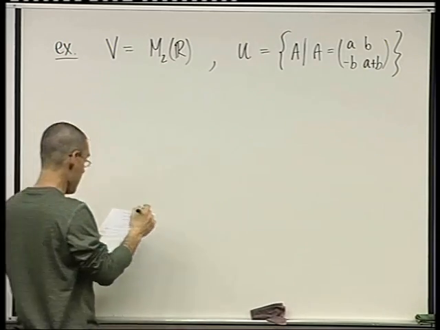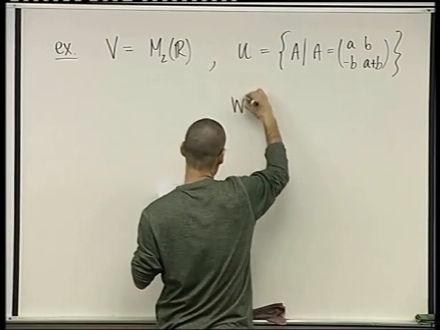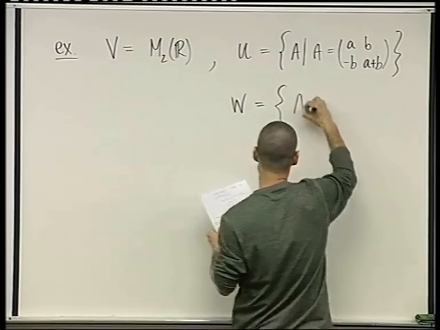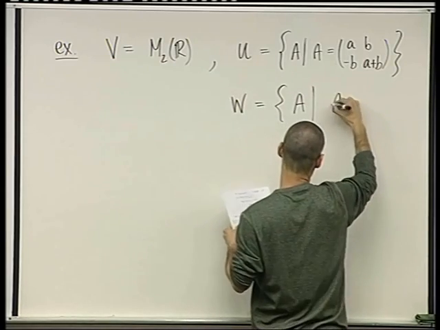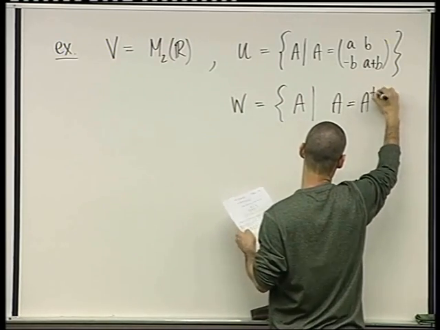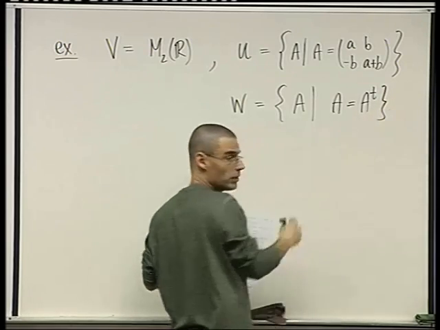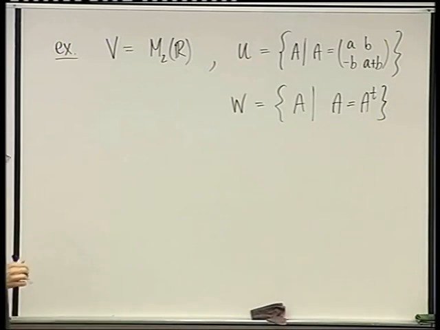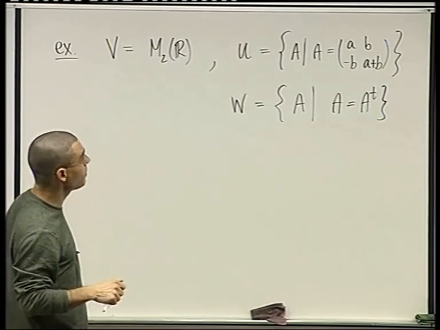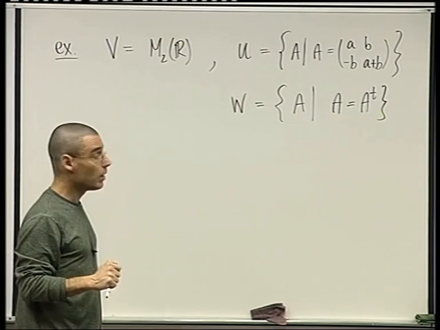Okay? And W is going to be all the matrices satisfying that they coincide with their transpose. Do you remember what we called a matrix like this? Symmetric. All the symmetric matrices. Okay?